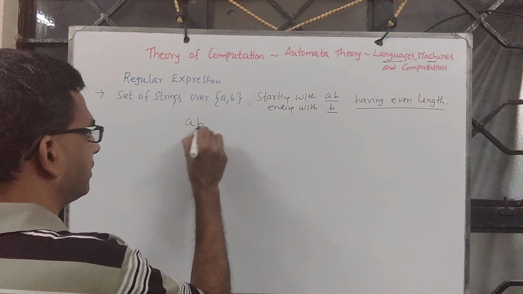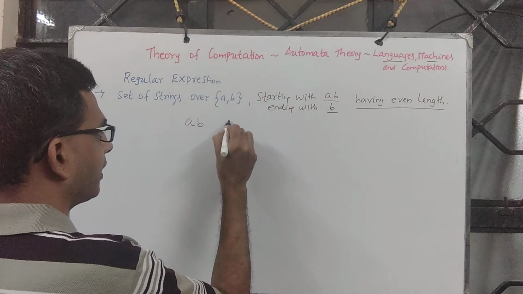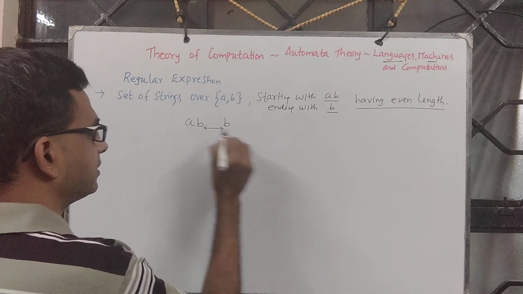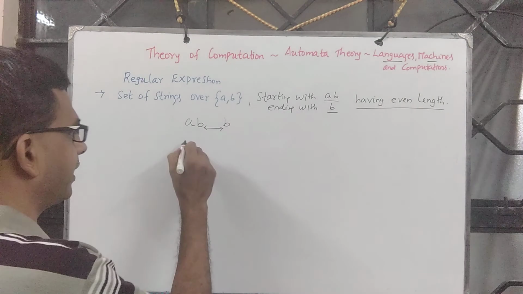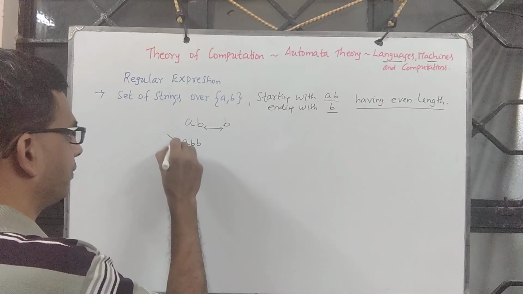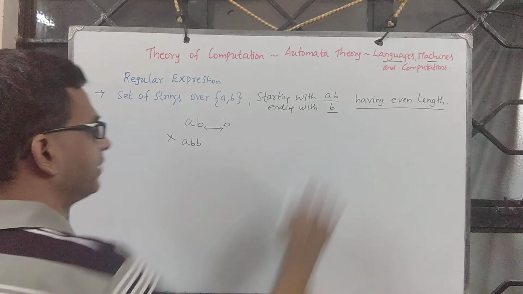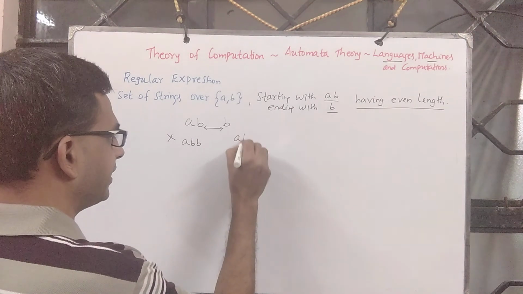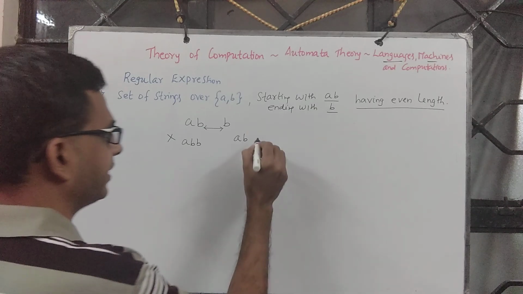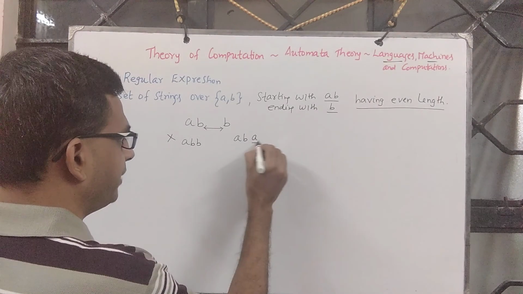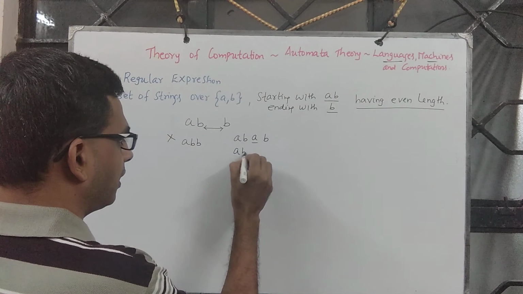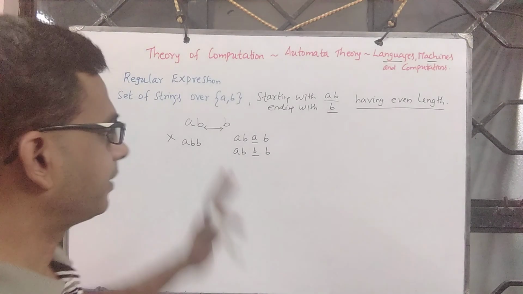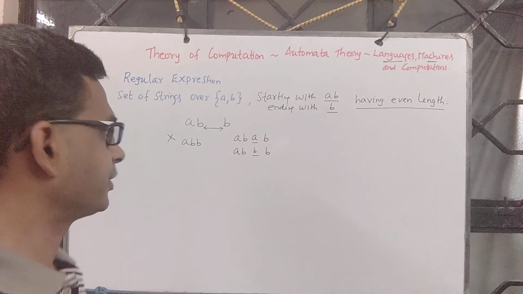So it starts with AB, it ends with B. Now the question is, is ABB allowed? No, because it must be an even length string. So the minimum possible string is a 4 length string. So this one could be A or this could be B. So these are all our base strings. Anything below is not possible.